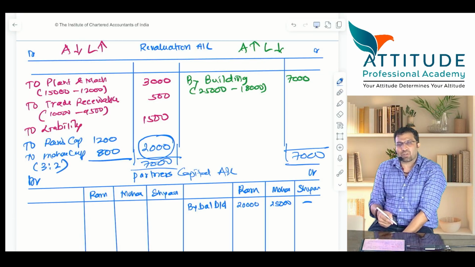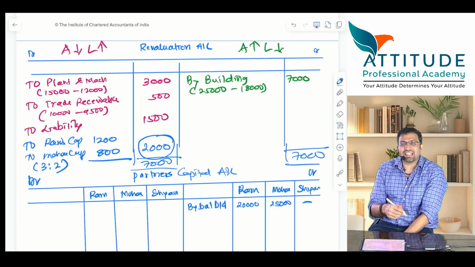ना इसका जर्नल एंट्री मारना जरूरी है? जरूरी है, बिकॉज दे हैव आस्क्ड जर्नल एंट्रीज, यस और नो?